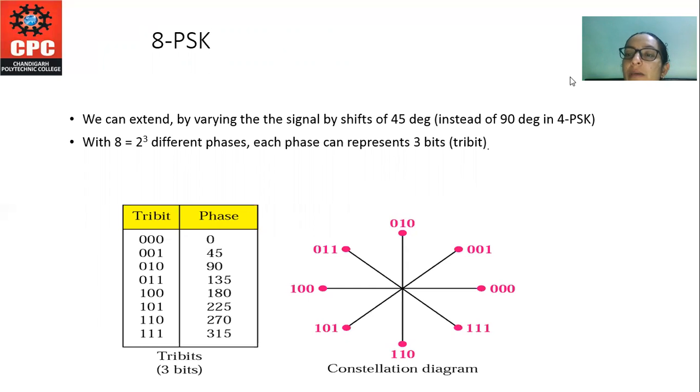In the case of tribit, just see on your figure, the 3-bit figure. 000, phase will be 0; 001, phase will be 45 degrees; 010, phase will be 90 degrees, like that. 110, phase will be 270, and 111, phase will be 315.